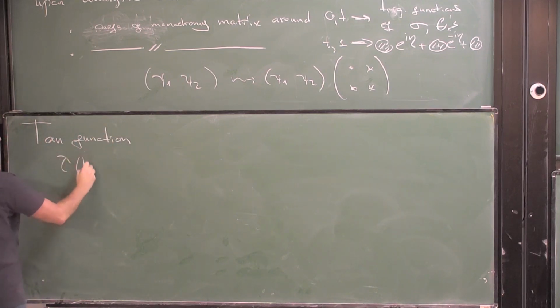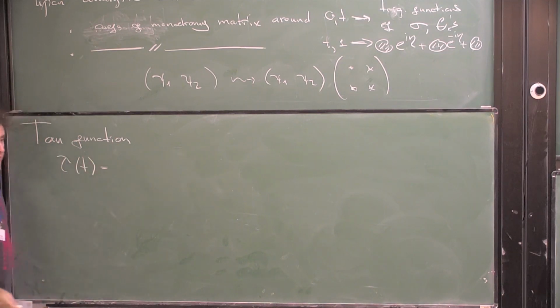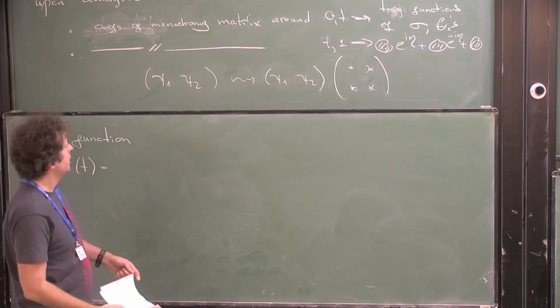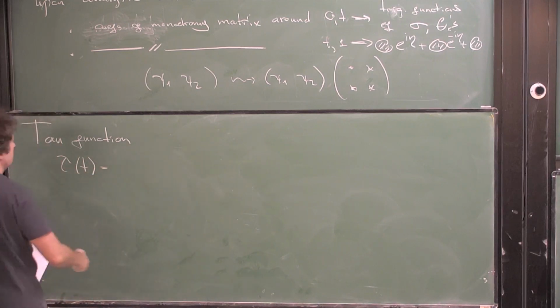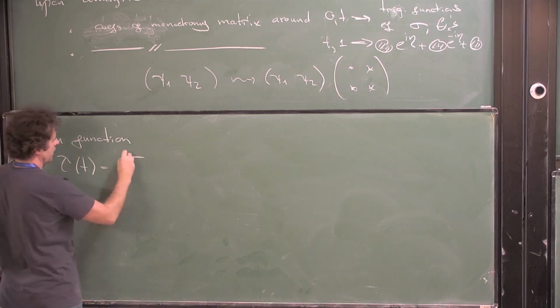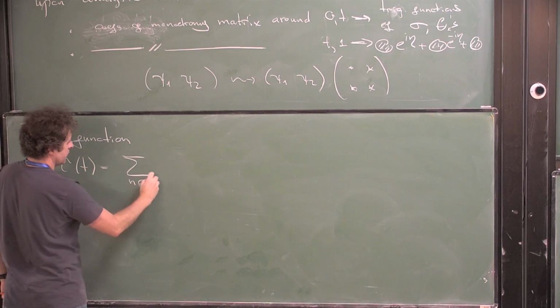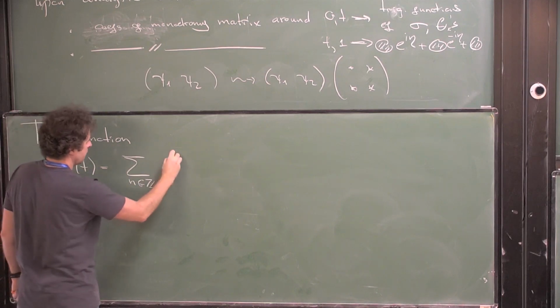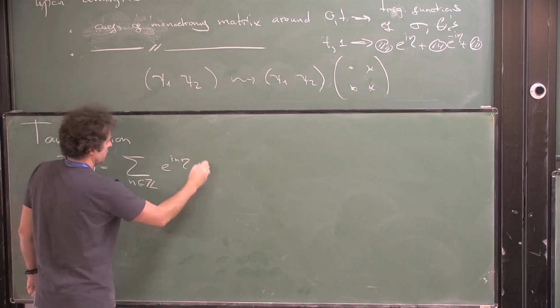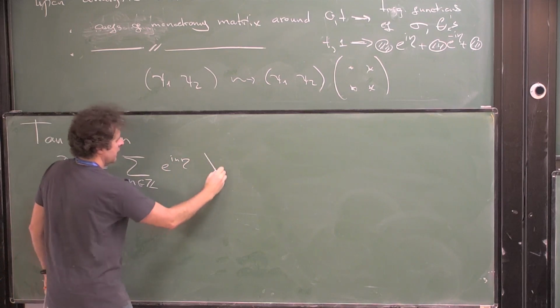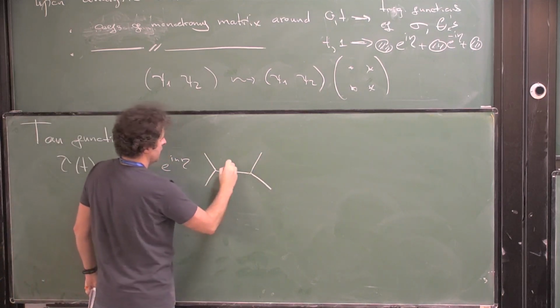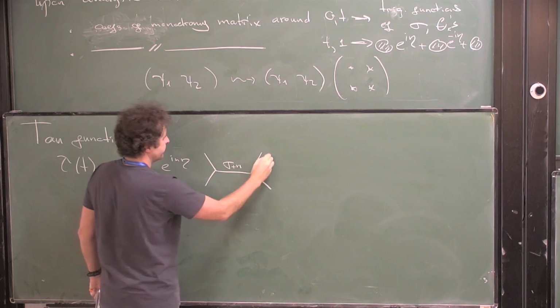So the tau function associated to this monodromy data sigma and eta is given by the Fourier transform of the relevant c equal to 1 internal blocks.